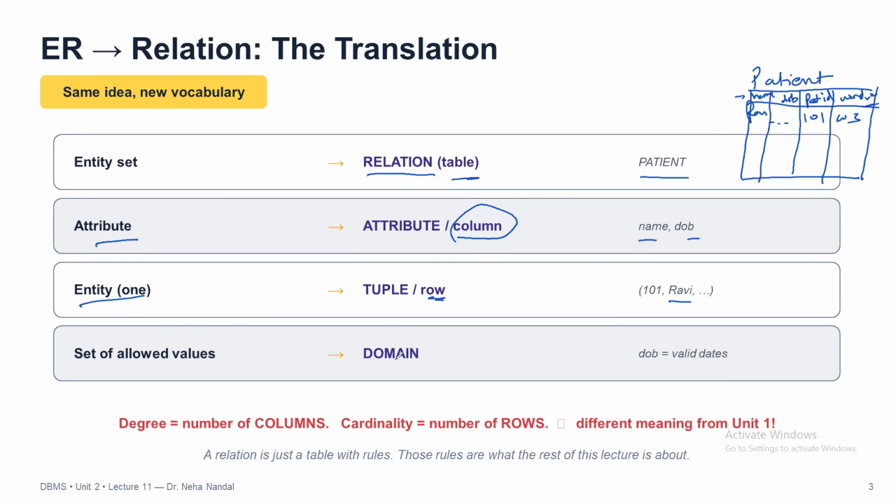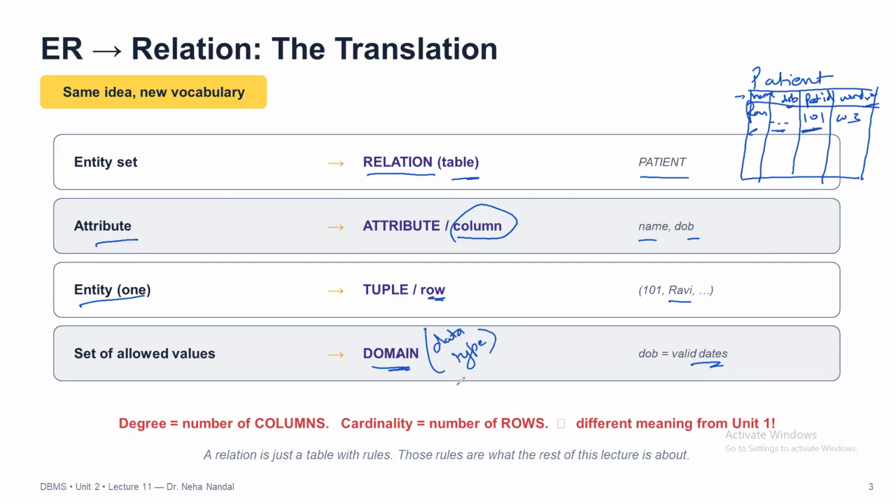Set of allowed values. What will be the domain? So like valid data we have to give. Like name is only characters. Date of birth, valid dates. Correct. Patient ID, numeric. So in this way, we have to give a domain. What is the data type?